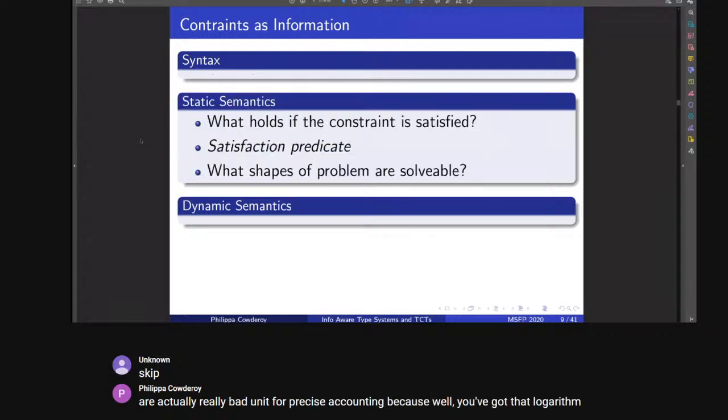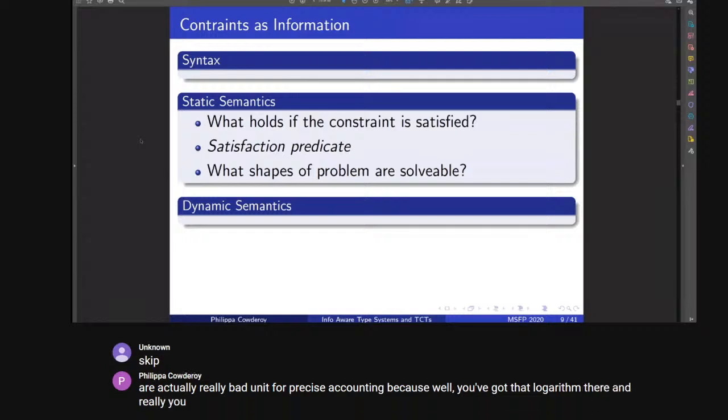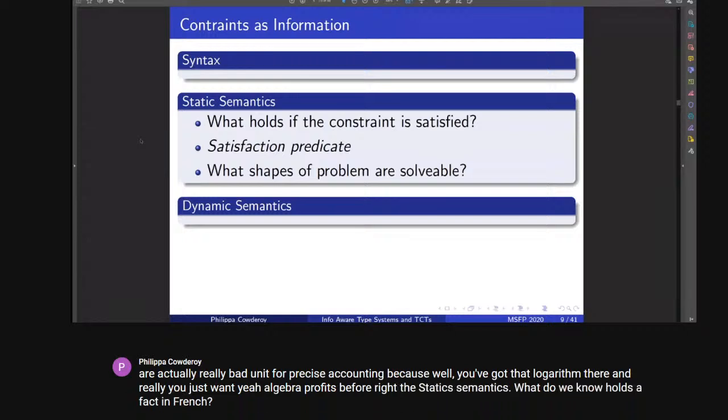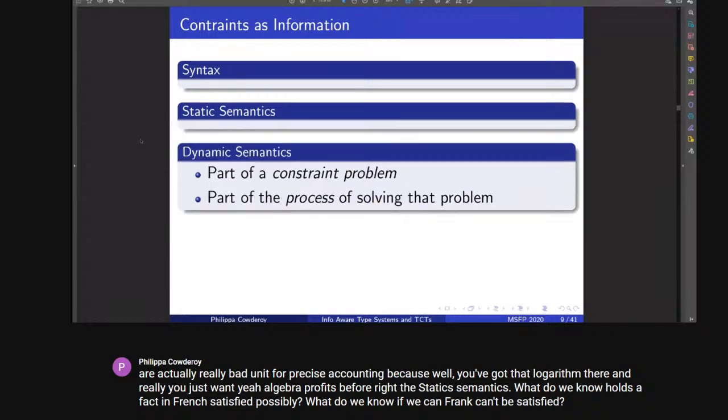The static semantics: what do we know holds if that constraint's satisfied? Possibly what do we know if the constraint can't be satisfied? The satisfaction predicate says whether or not it's satisfied. And also, given the solvers we have available, what shapes of problem can we solve reliably? There's dynamic semantics.